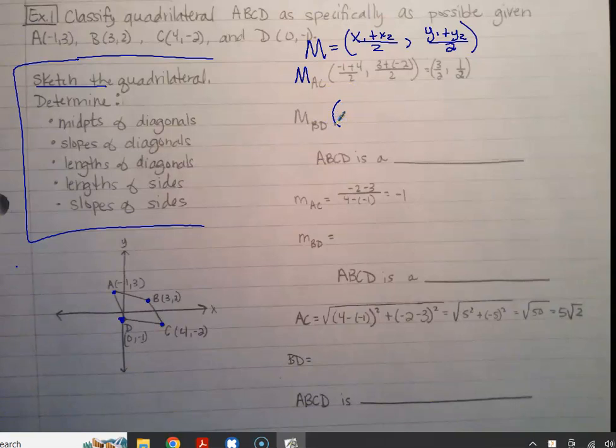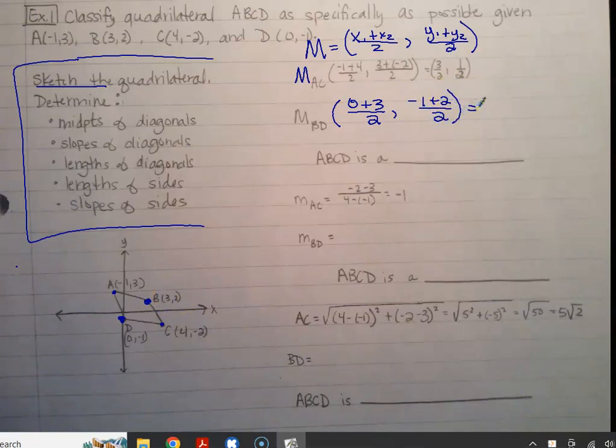What are my coordinates if we're using B and D? My x, yep, we got 0 plus 3 divided by 2. And for my y, -1 plus 2, perfect, divided by 2.